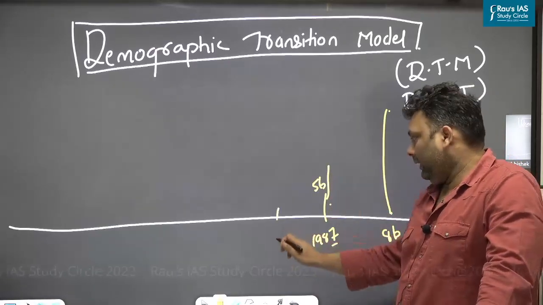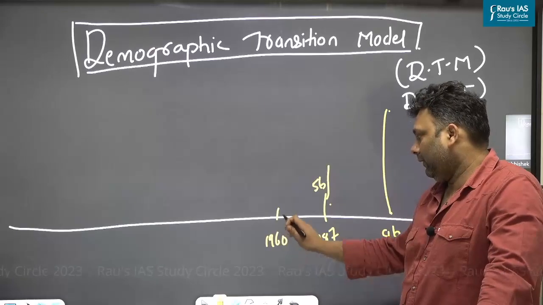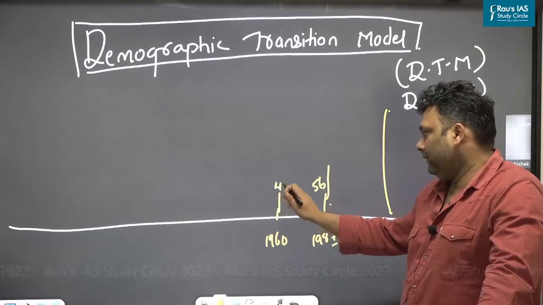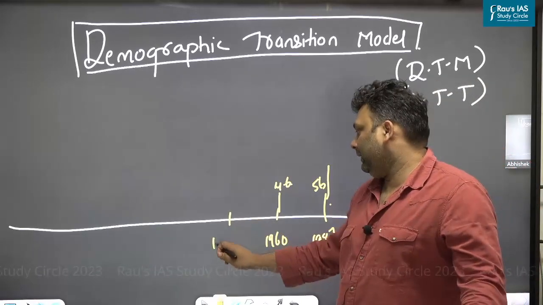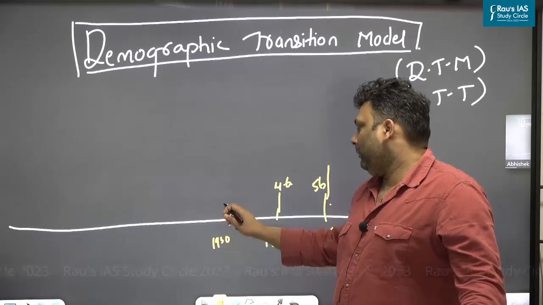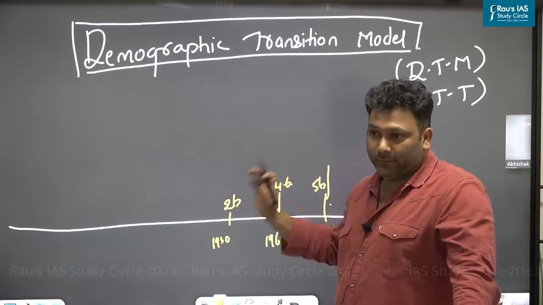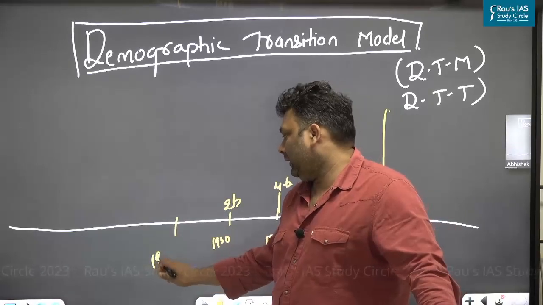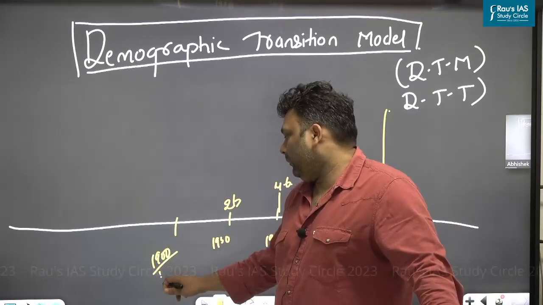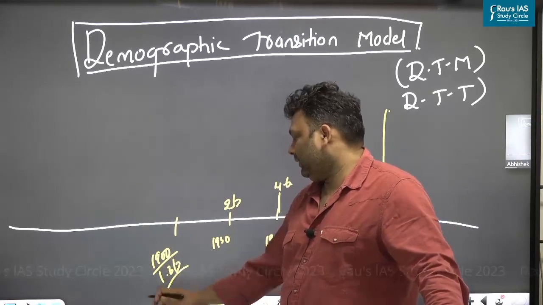In 1960, it was around 4 billion. In 1930, the population was around 2 billion. I'm talking about world population. At the start of the 1900s, the world population was around 1.3 billion.